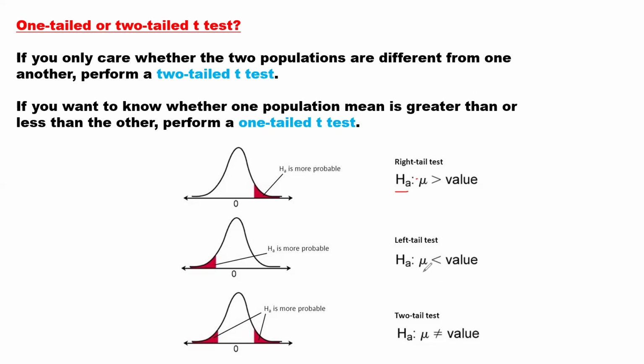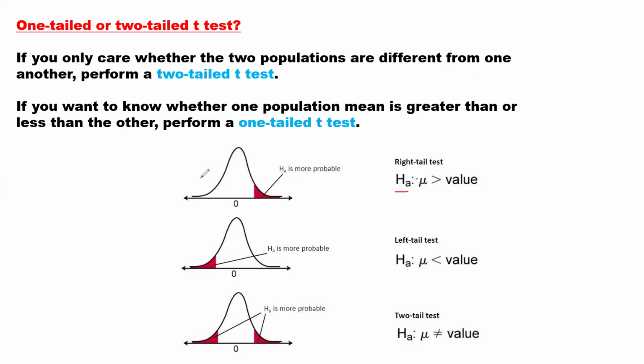And if the standard mean is less than some value, then you use a left tail test. But if the standard mean is not equal to some value, then of course you use a two tail test.